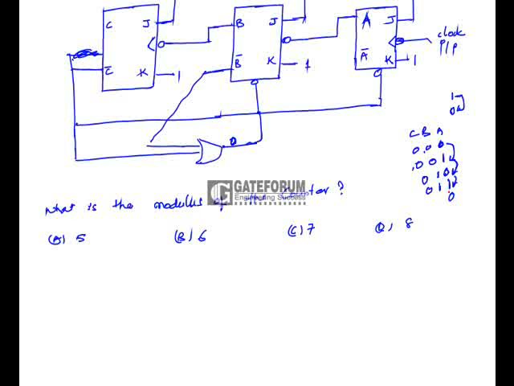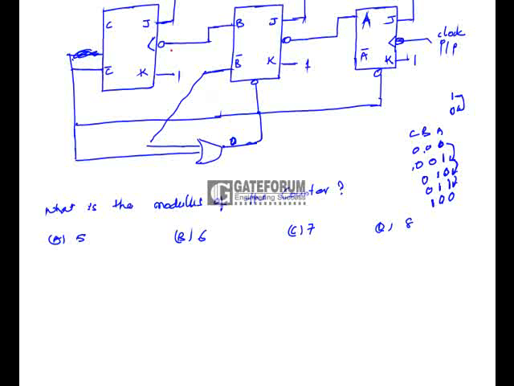Now from 1 to 0, the second flip-flop will change its state. So 1 will become 0, and the third flip-flop will change its state from 0 to 1. The next state is the complement of its previous state.